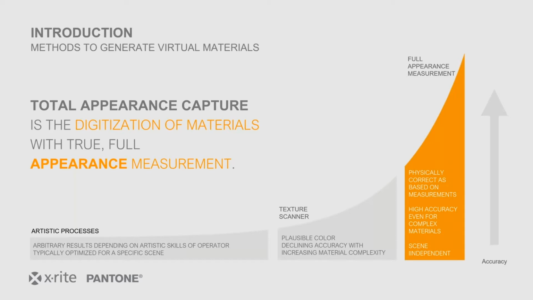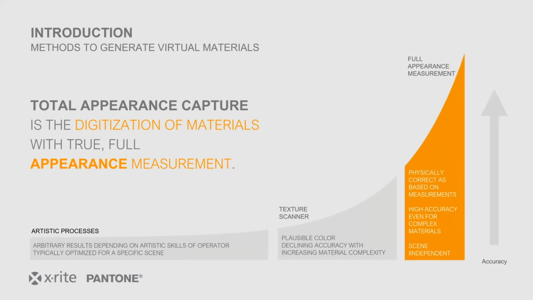So how did folks digitize materials in the past? Well, it originally began with artists using their skills to fake a material the best that they could. And so obviously this leads to a lot of subjective self-interpretation.